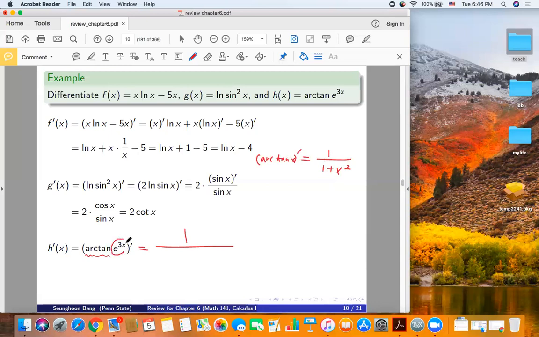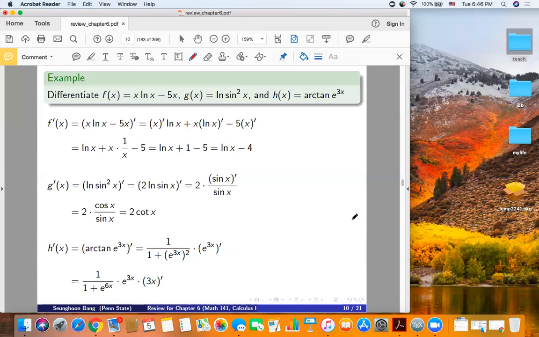So you plug e to the 3x into x, times inner function prime. This is the idea. Next, simplify: 1 over 1 plus (e to the 3x) squared, which is e to the 6x. Then e to the 3x prime is e to the 3x times 3x prime.